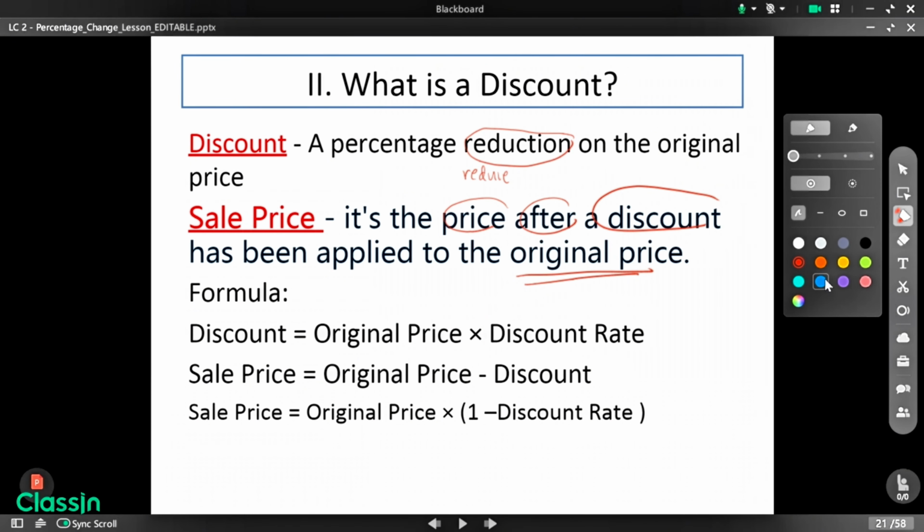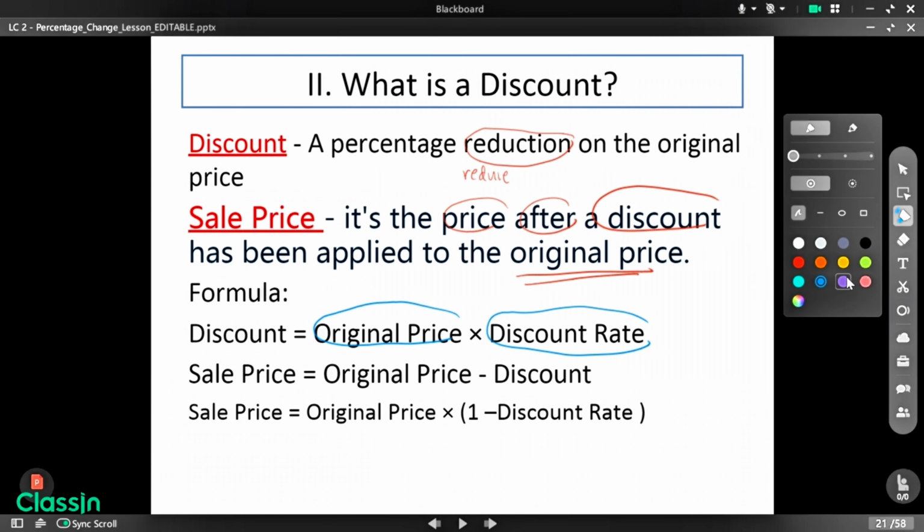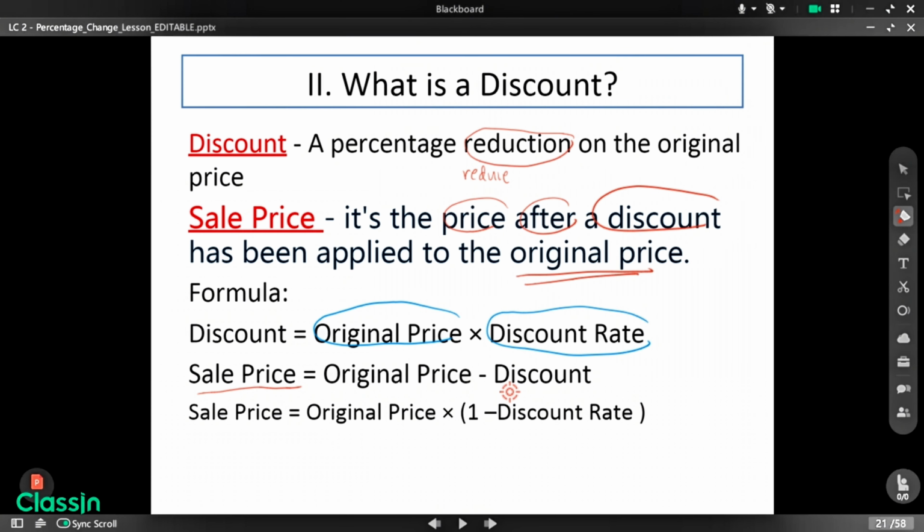So the formula in getting the discount is we need to find the product of the original price and the given discount rate. And for us to get the sale price, we need to subtract the discount from the original price.